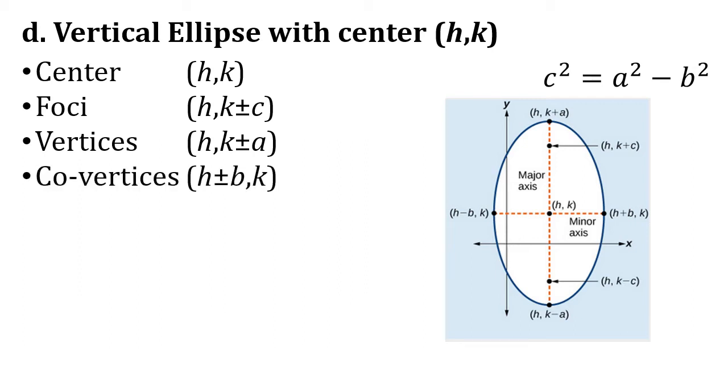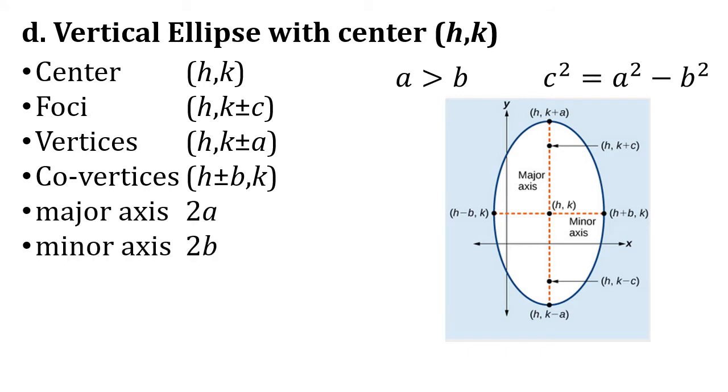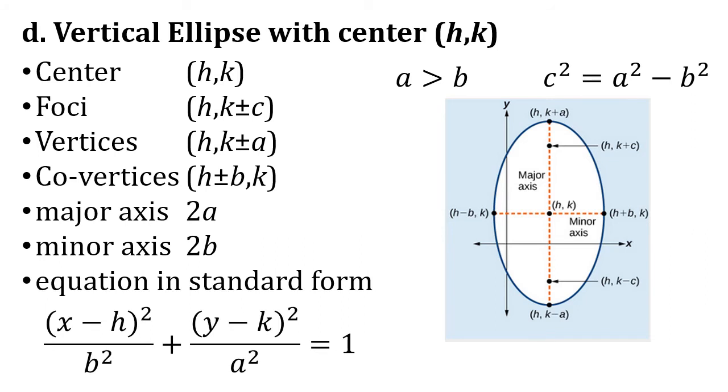Then the coordinates of the co-vertices are h plus or minus b, k. Look at our co-vertices in the figure, h minus b, k and h plus b, k. And then a is also greater than b. The length of the major axis is 2a and the length of the minor axis is 2b. And the equation in the standard form of the vertical ellipse with center at h, k is x minus h squared over b squared plus y minus k squared all over a squared equals 1.